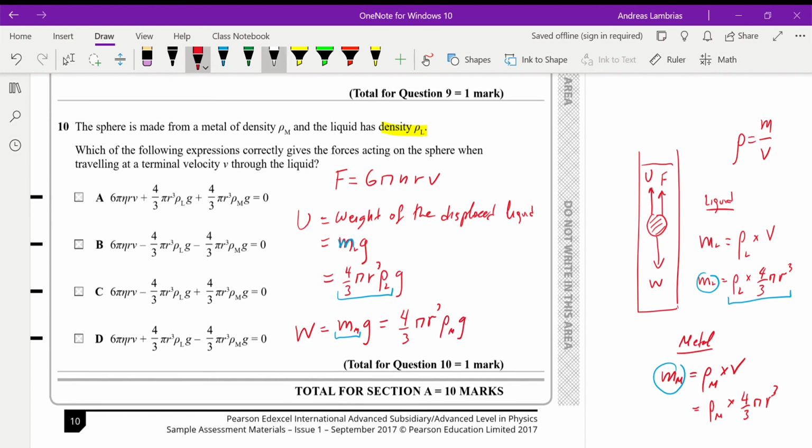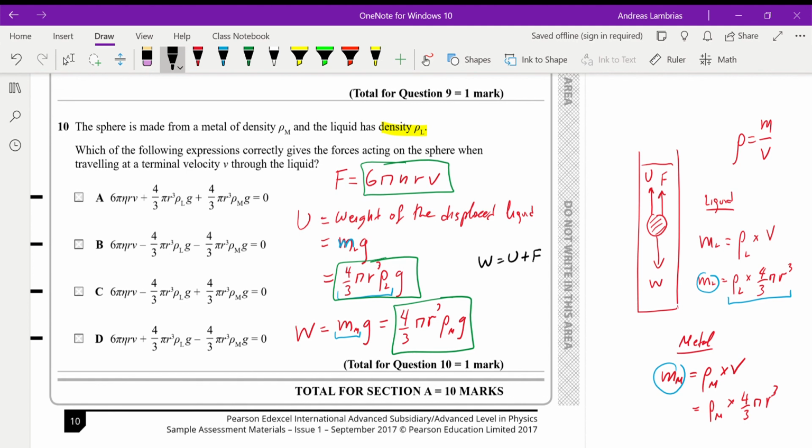So we have three expressions now: this for the drag force, this for the upthrust, and this for the weight. And as we said earlier, in order for the sphere to move at a constant speed, the forces have to be balanced. Therefore, we're looking at the weight being equal to the upthrust plus the drag force, right?